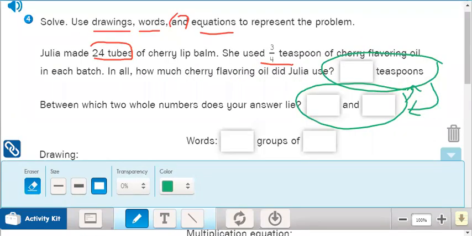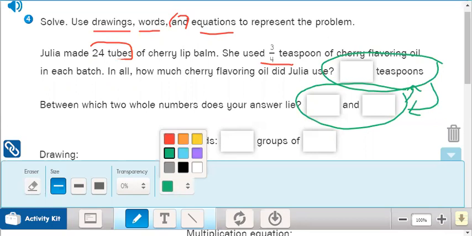Another place where they are trying to trick us here is they say 24 tubes. Okay, 24 tubes does not help us really know how many batches we are doing. Because remember, if we look back at the top on page 224, 4 chapsticks or lip balms come in each batch. But now we have 24 over here.